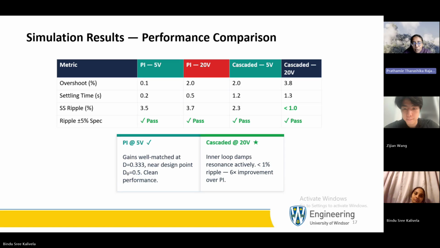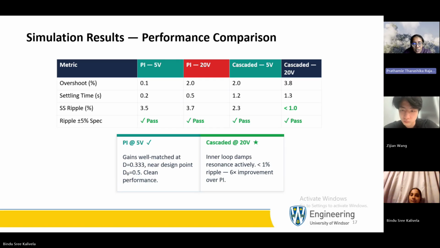Here is the complete comparison across all 4 test cases. Looking at the table, the PI controller performs strongly at 5 volts, with just 0.1% overshoot, 0.2 second settling time, and 3.5% ripple. At 20 volts with the updated tuning, the PI controller also passed, with 2% overshoot and 3.7% ripple.